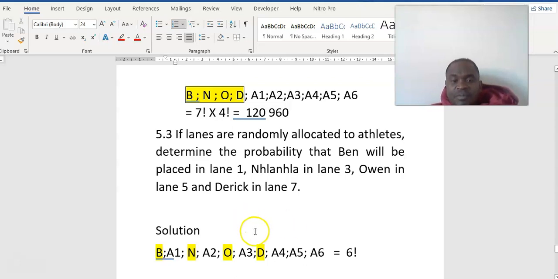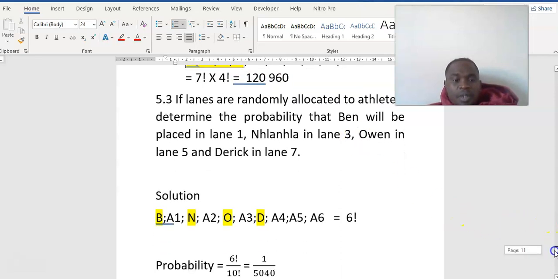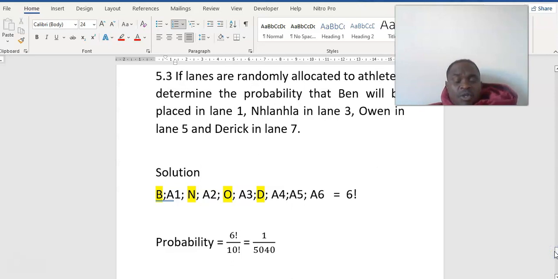Alright, have you seen the difference between this and this? Okay. You can watch the first video. I've done a lot of explanation on this one. Okay. Now let's see the probability that this arrangement is supposed to be.